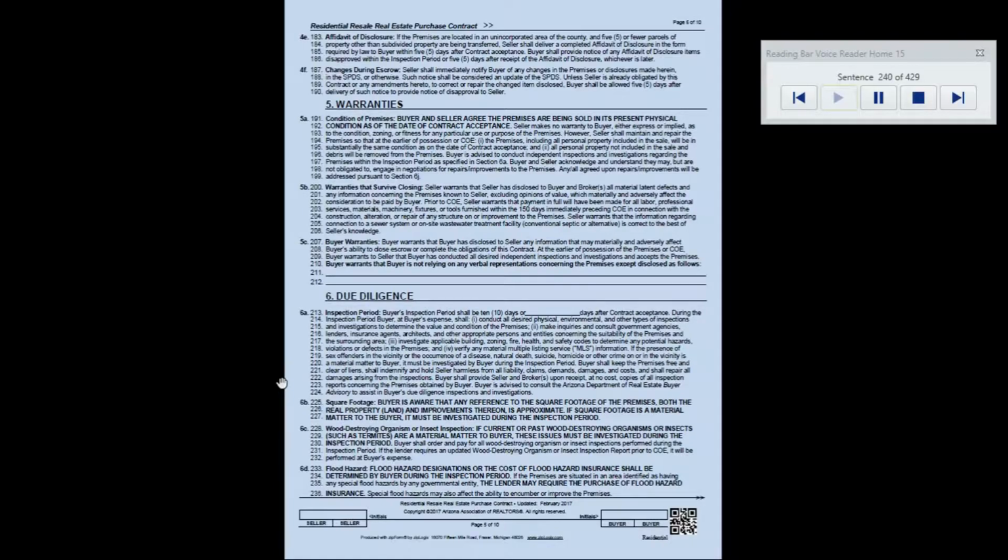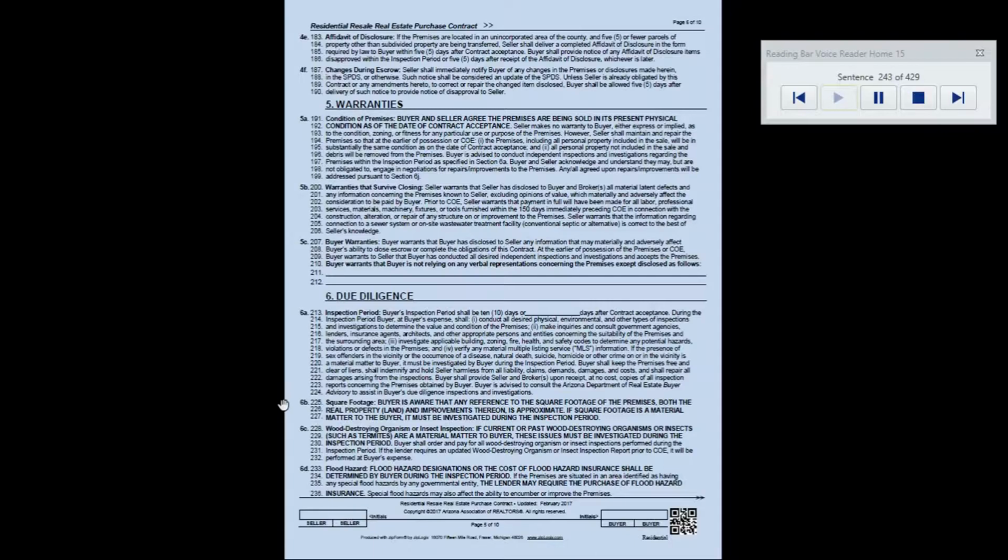Buyer shall provide seller and broker or brokers upon receipt, at no cost, copies of all inspection reports concerning the premises obtained by buyer. Buyer is advised to consult the Arizona Department of Real Estate Buyer Advisory to assist in buyer's due diligence inspections and investigations.